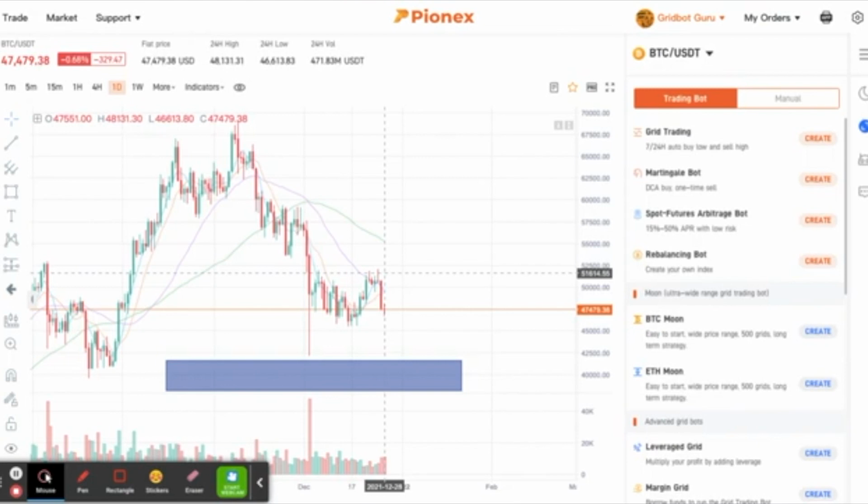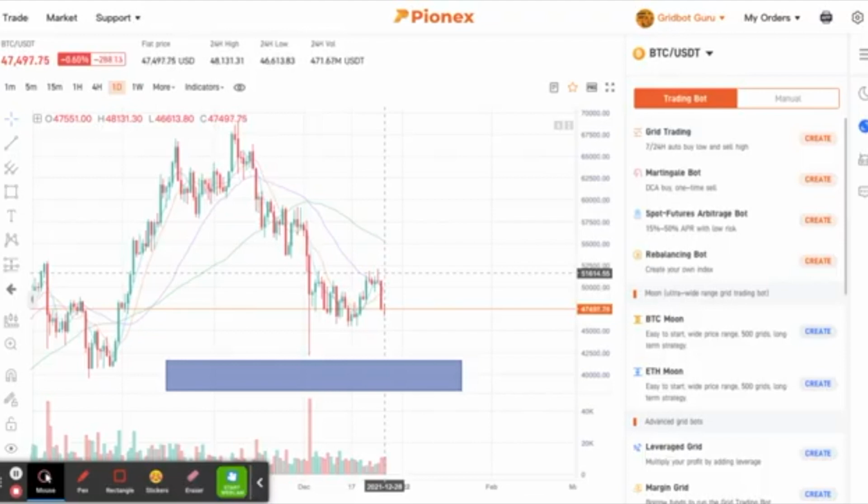What you end up having is you set your bot up however you want, and then you have a grid. With this grid, you have the ability to buy and sell parts of your investment.